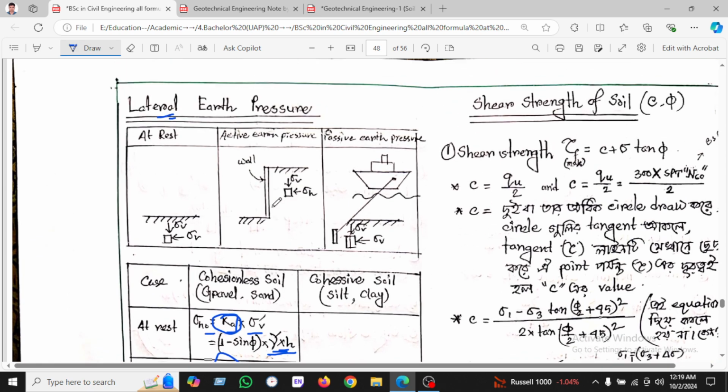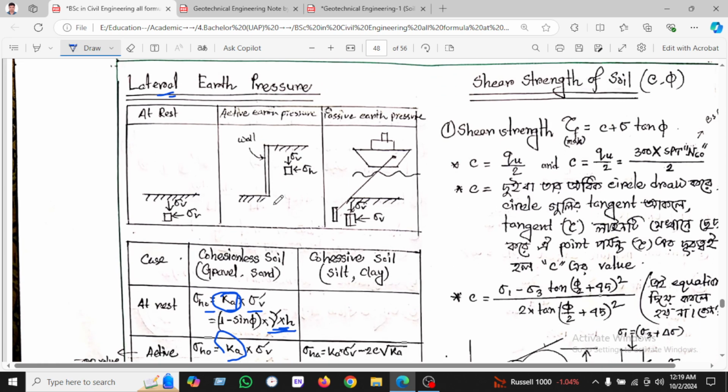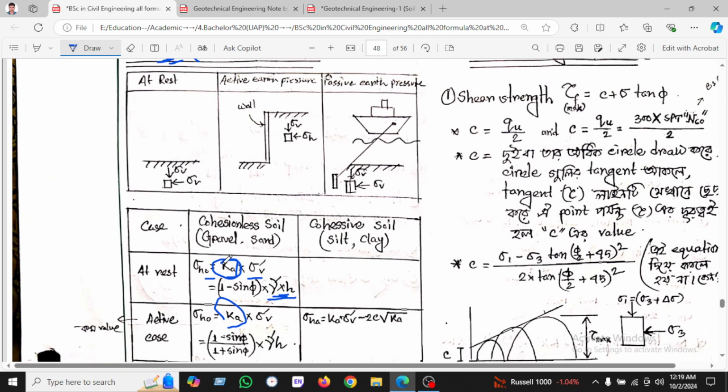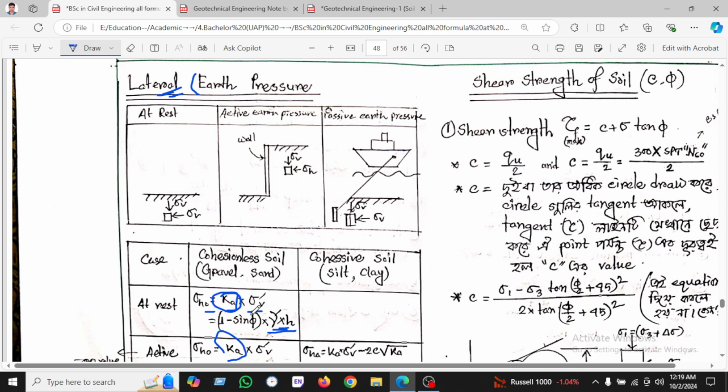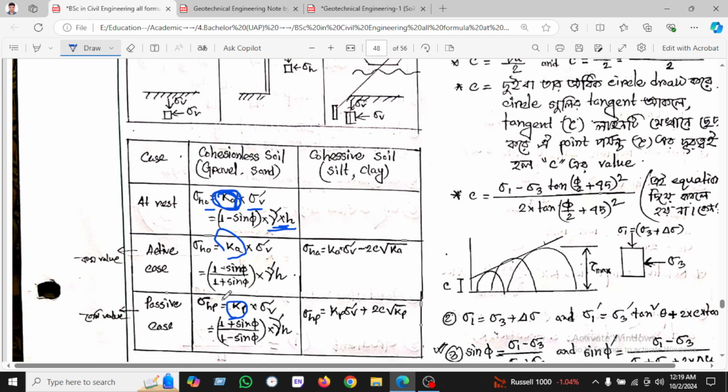I am just introducing the difference between the vertical earth pressure and the lateral earth pressure. When we calculate the lateral earth pressure, we just use the vertical pressure times a coefficient, which is K, or Kp, or K naught.